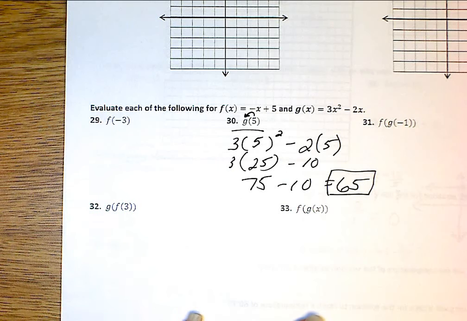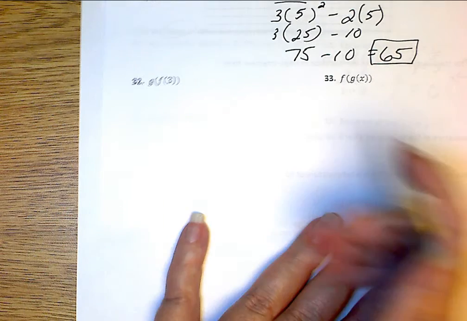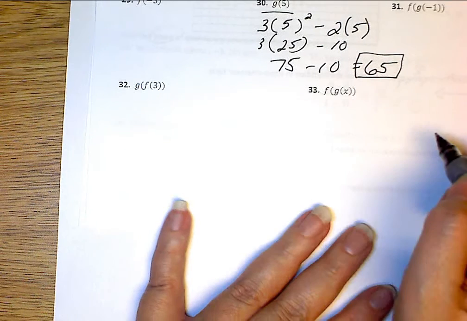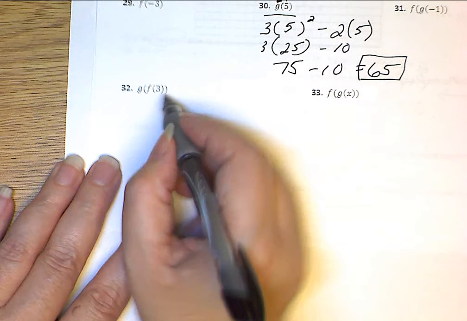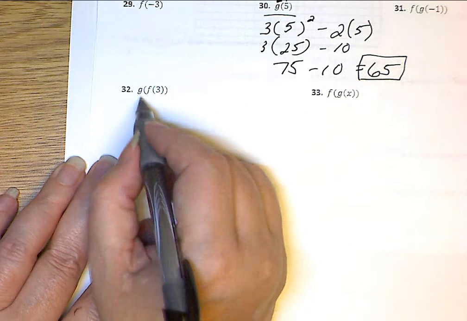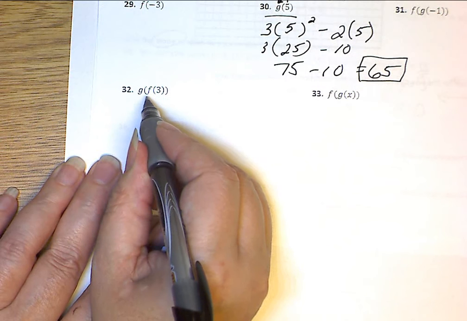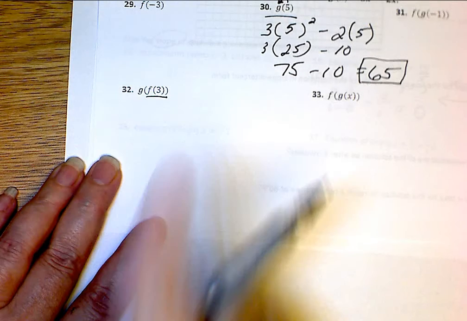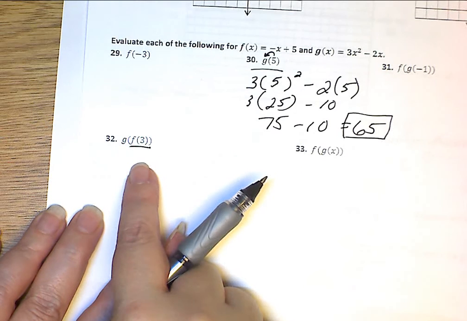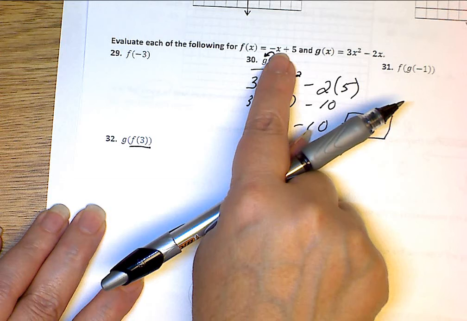Okay. When you have a number like 32, sorry. When you have a problem like this, when there's g of f of 3, you always do the innermost first. So I'm going to write down what f is. F says that it's negative x plus 5. See that?